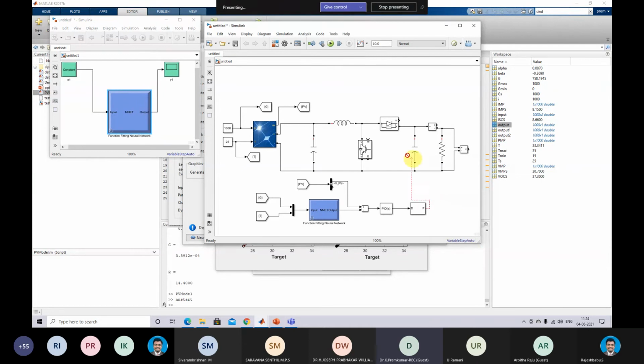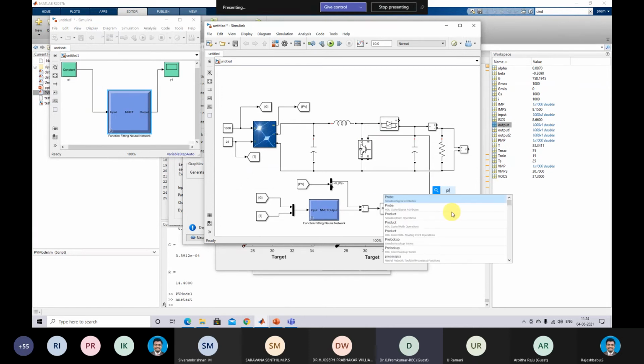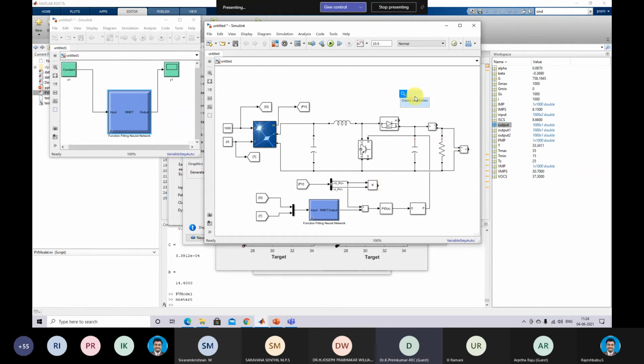That is going to be given to this IGBT switch, and then we have to measure the power of the PV panel. For that I'm going to use a product block, and then we can see the results by using a scope.